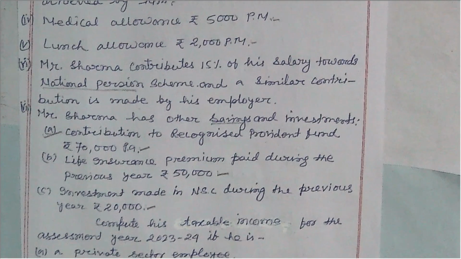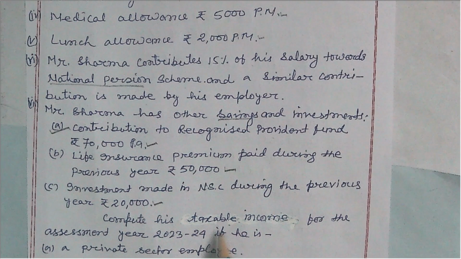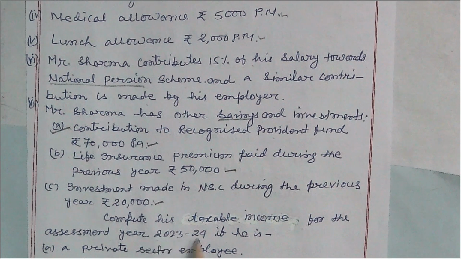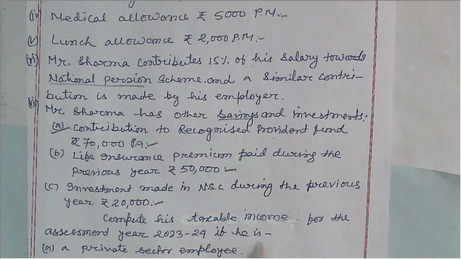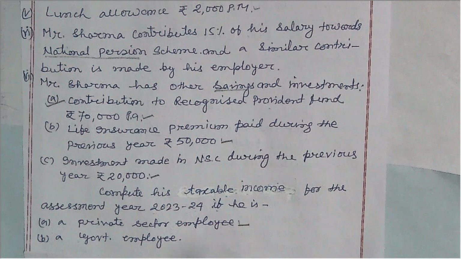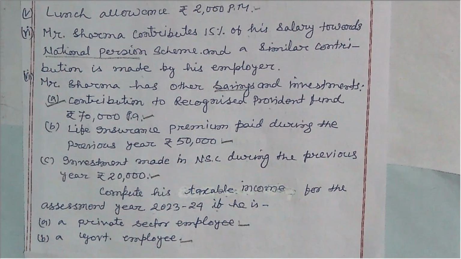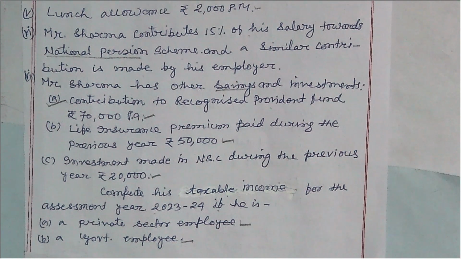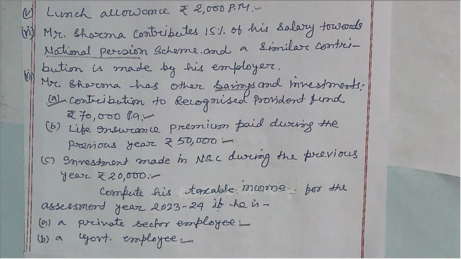Now the question is to compute his taxable income for the assessment year 2023-24, assuming he is a private sector employee, and then if he is a government employee, meaning a state government or central government employee, how his total income or taxable income is calculated. With this problem, what are the deductions to be claimed?